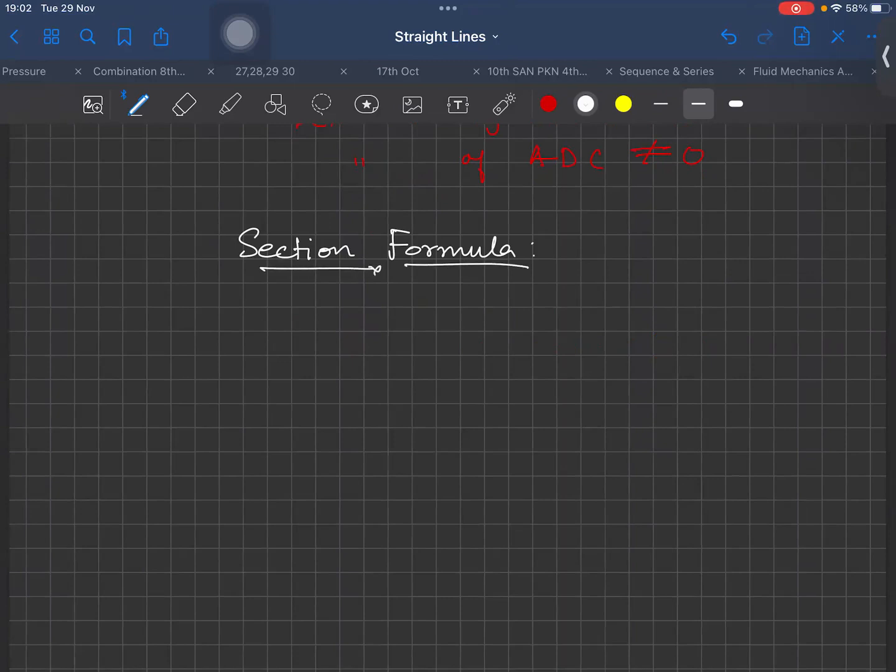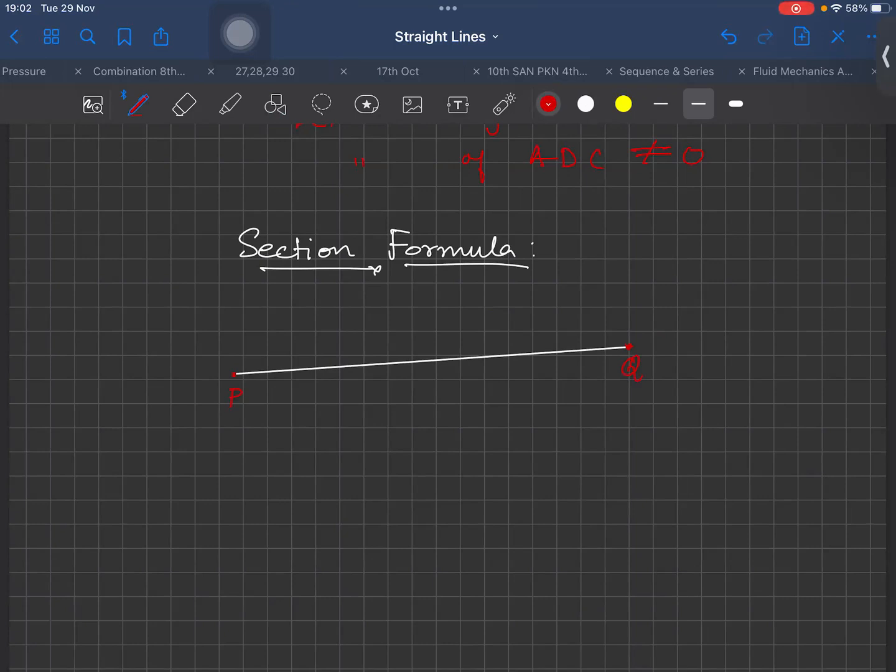See, section formula means like 2 points. Suppose you have a straight line, right? And let's say this is point P and point Q. You join these 2 points, you'll get a straight line, right? And there is a point somewhere in between, not at the bisector.